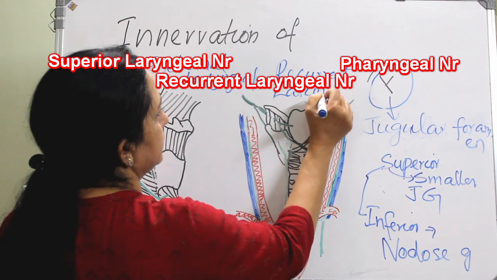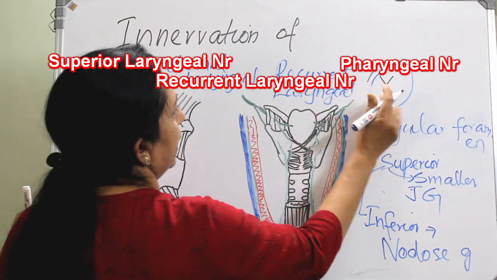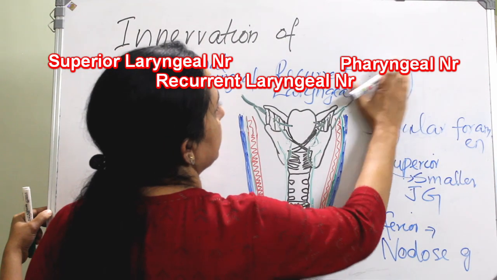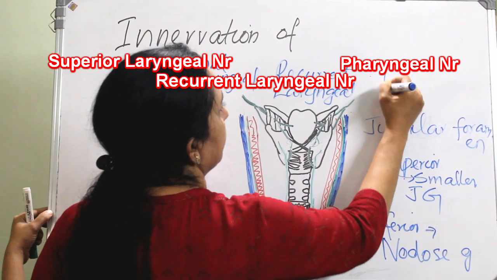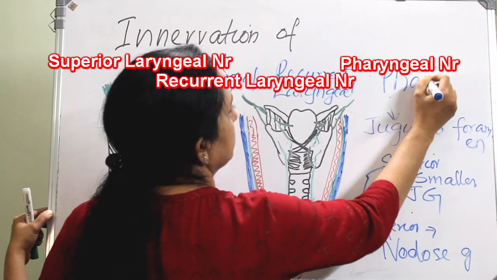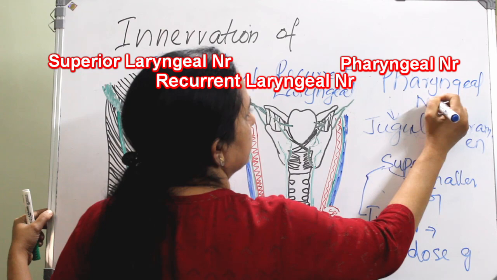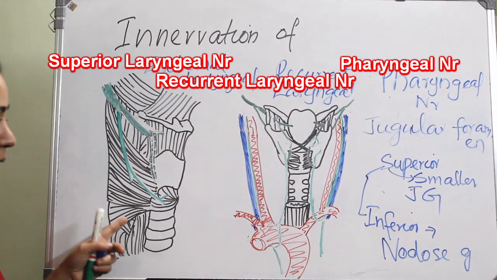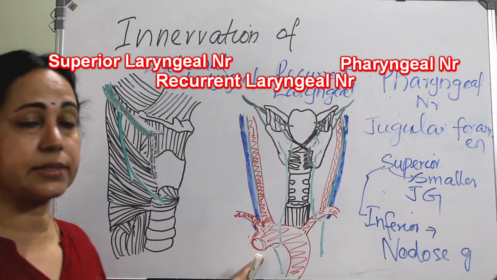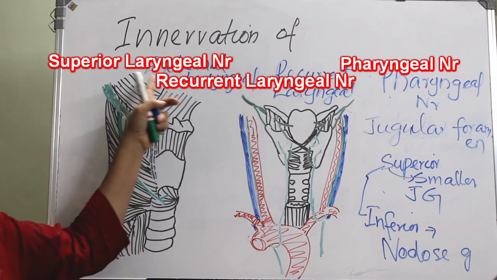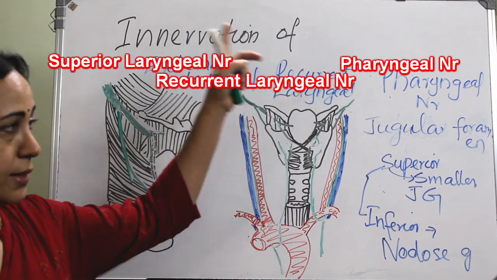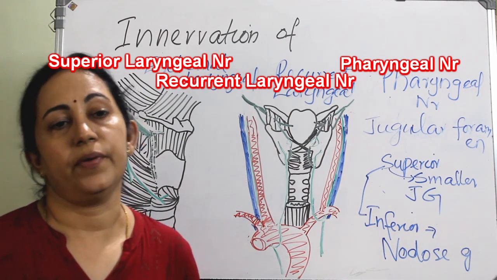Recurrent laryngeal. And the third is pharyngeal nerve. Okay, pharyngeal. Right? So in the neck, vagus nerve gives off 3 branches: superior laryngeal, recurrent laryngeal, and pharyngeal branches.